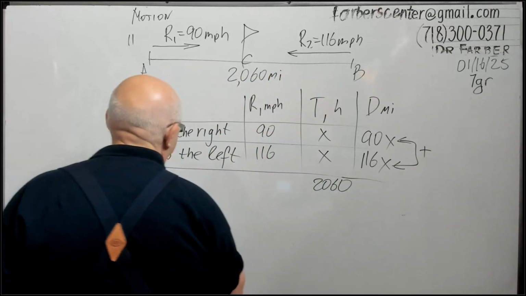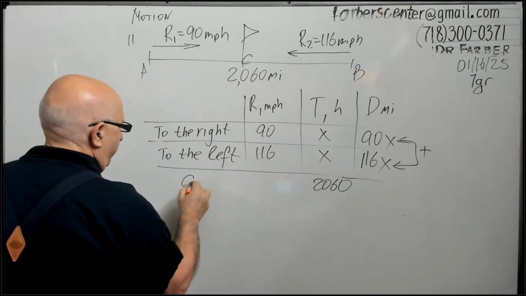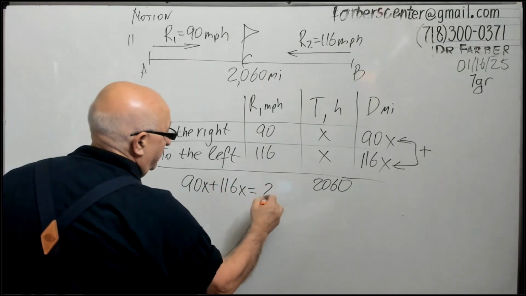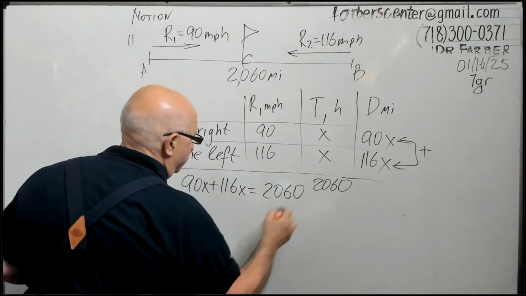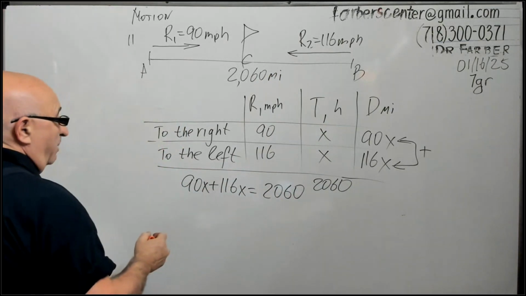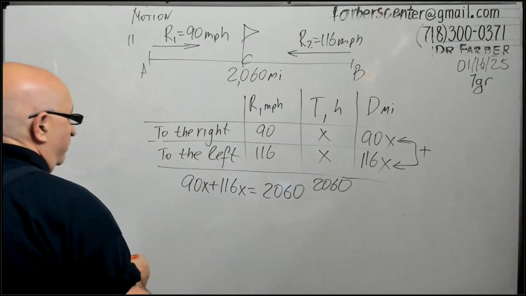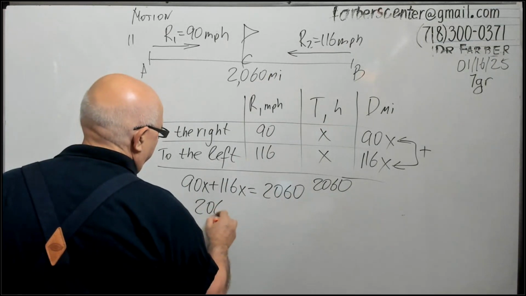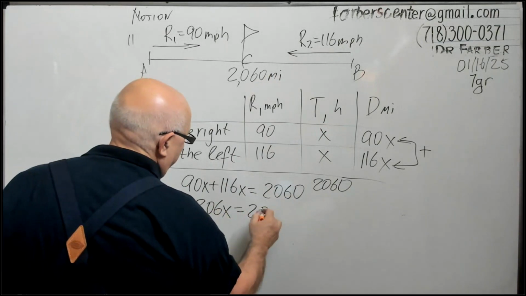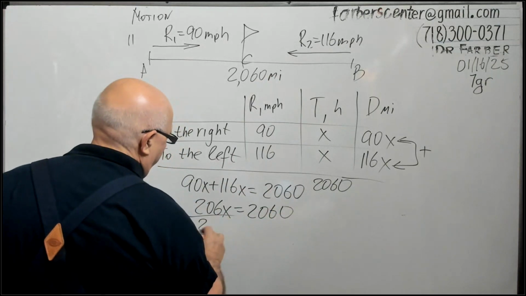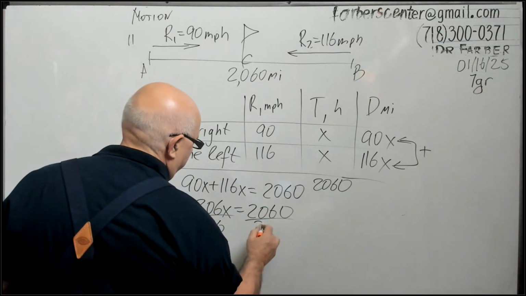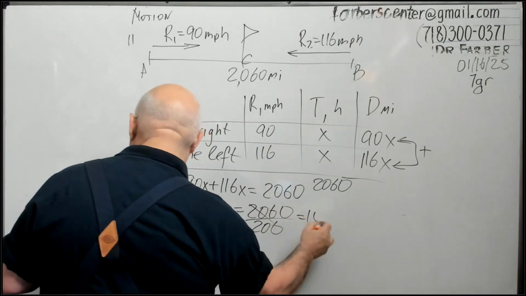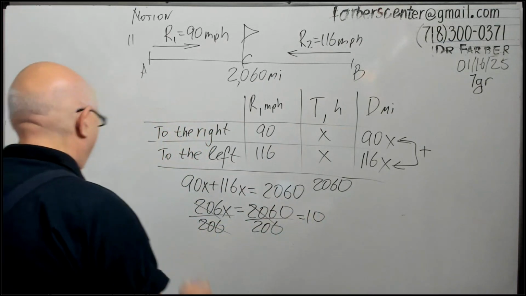You can write down 90x plus 116x equals 2060. If you add them up, what do you get? You get 206x equals 2060. Divide both parts by 206. Cancel, 10. And they ask you how long? 10 hours.